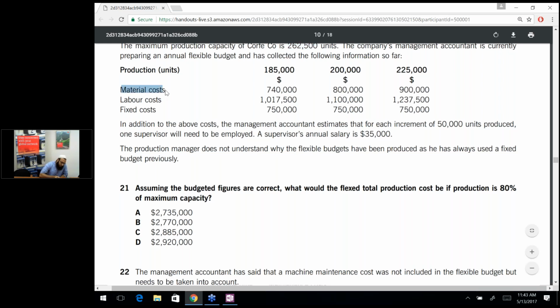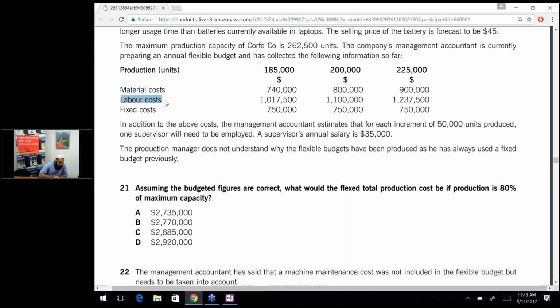Material cost is normally a variable cost. Labor cost is also many times a variable cost. But this might not be the case. So just understand this point. Sometimes there is an element of semi-variable in that as well.